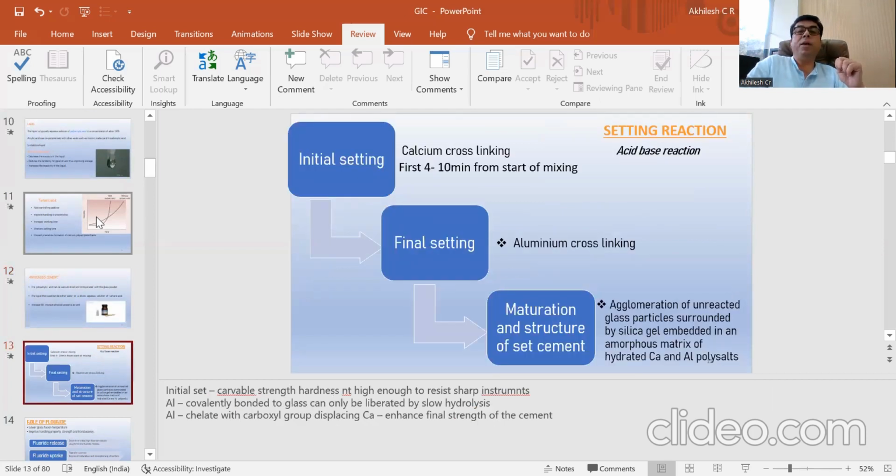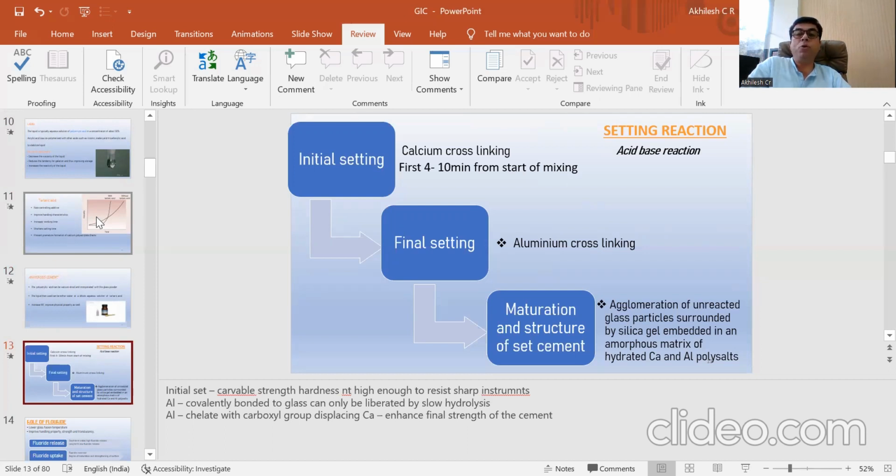The setting reaction has three stages: initial setting, final setting, and the maturation of the structure of the set cement. The initial setting happens in the first 4 to 10 minutes from the start of mixing, where calcium cross-linking forms. In the final setting, aluminum cross-linking is also done.